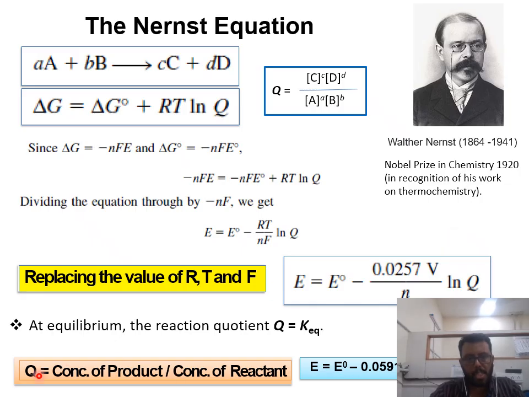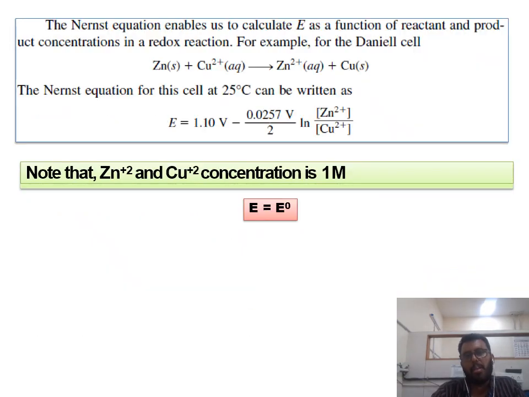So this quotient is nothing but the concentration of product divided by the concentration of reactant, and you can also relate it to the equilibrium constant or solubility product. The application of the Nernst equation helps us to calculate the cell potential as a function of reactant and product concentration.